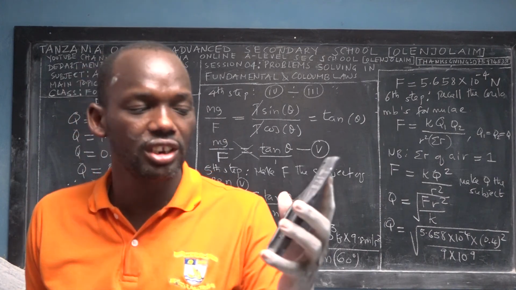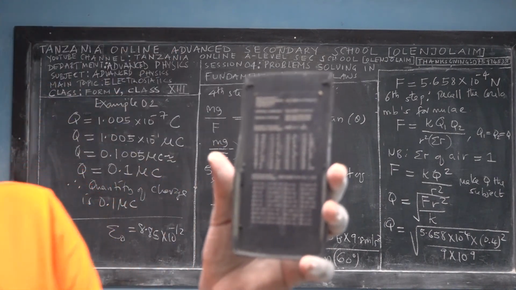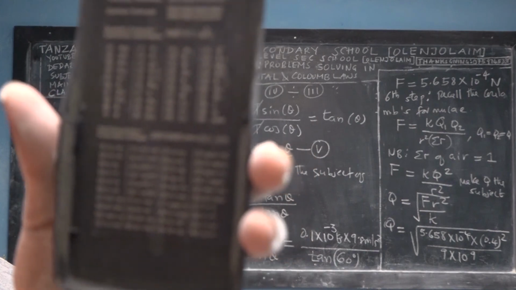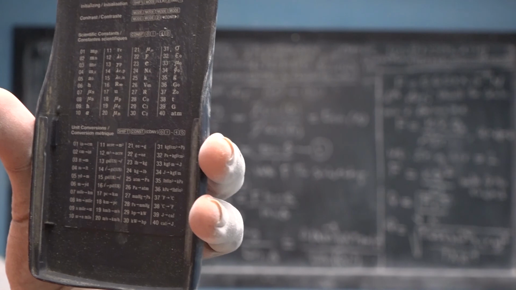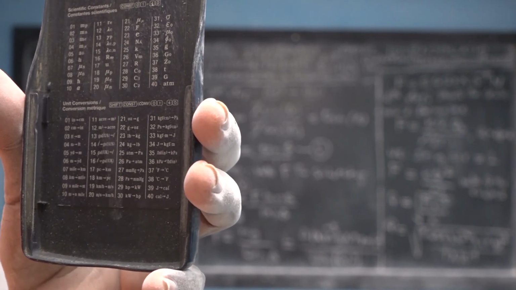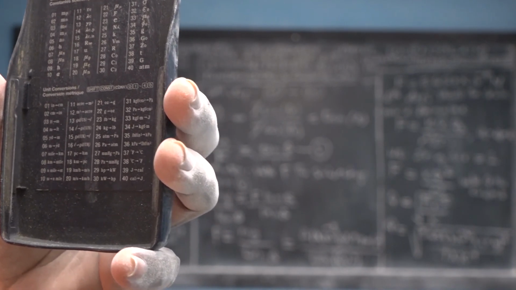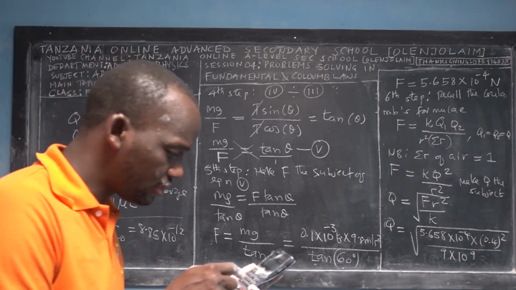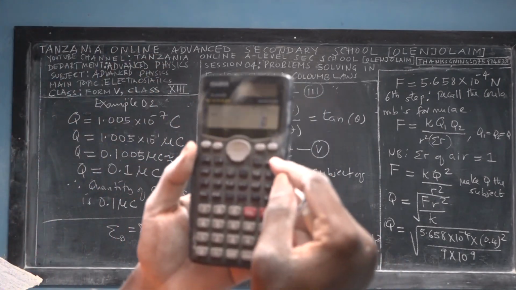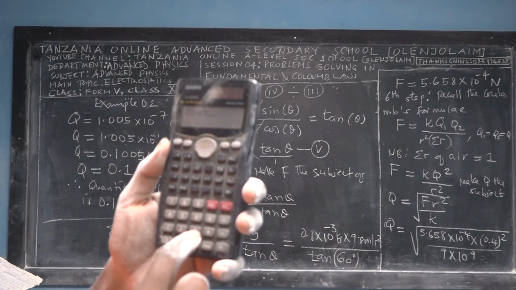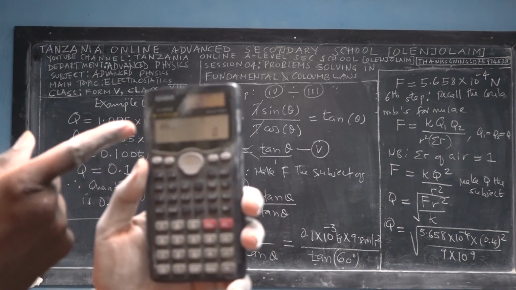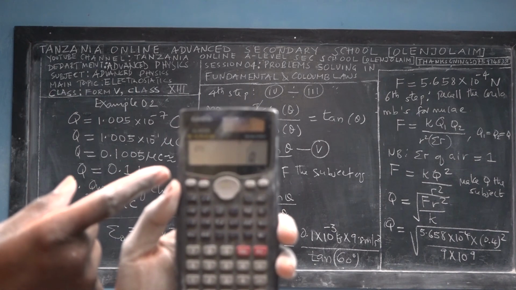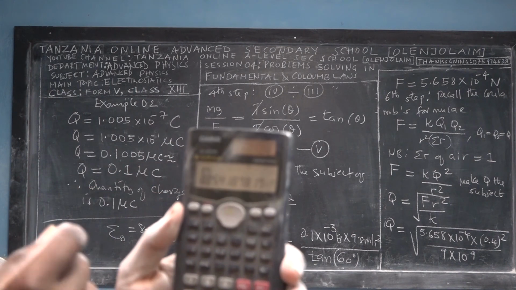For example, for the function 991, on the back cover you press the constant button, and then you look for the permittivity of free space, which is 32. You press the constant button once, then you plug in 32, and the permittivity of free space appears on the display. Then you press the equal sign. Then you find what?